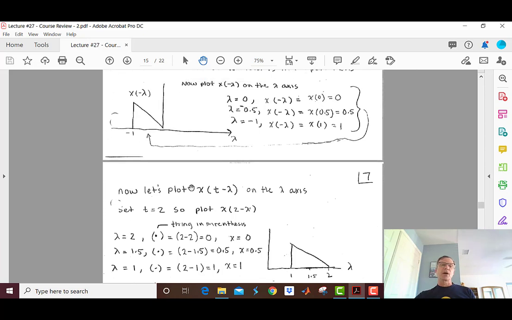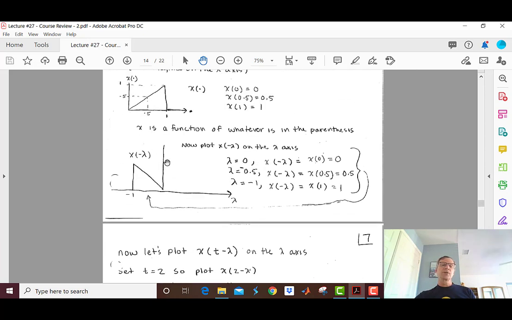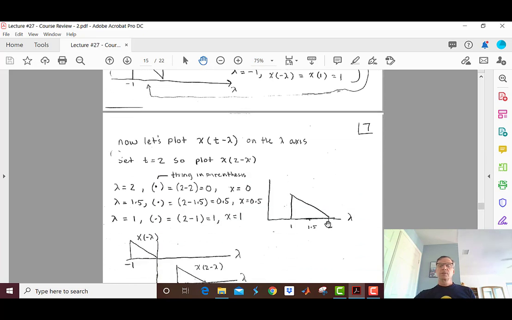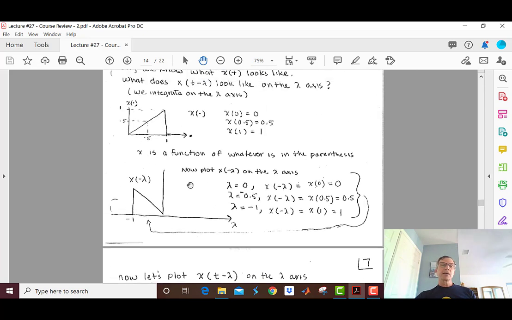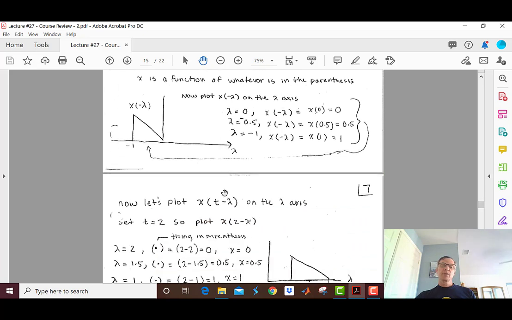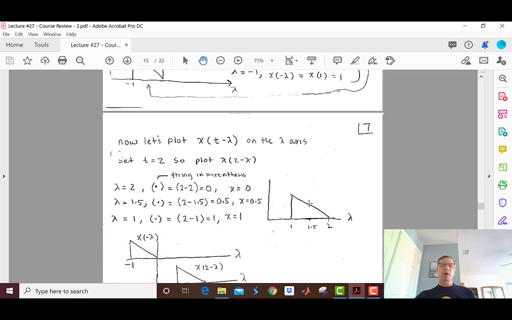And x of 0 was 0. So here we are at lambda equals 2. Now let's do lambda equals 1.5. The dot is going to be equal to 2, that's this 2 right here, minus 1.5, which is equal to a half. And x of 1/2 equals a half. So at 1.5 we put our half.